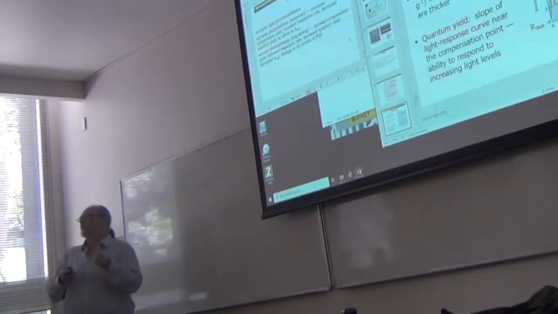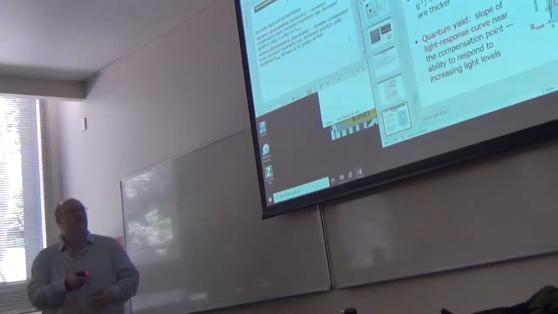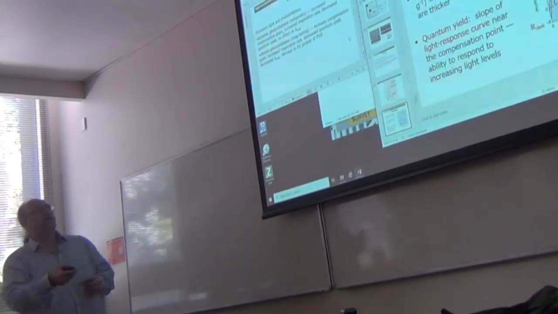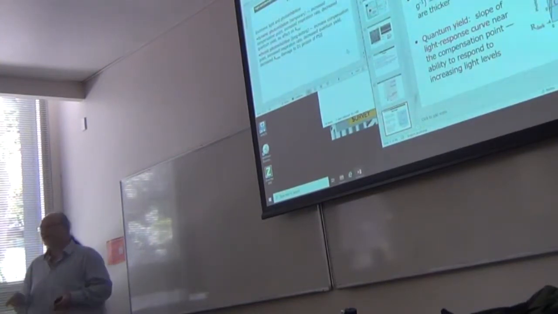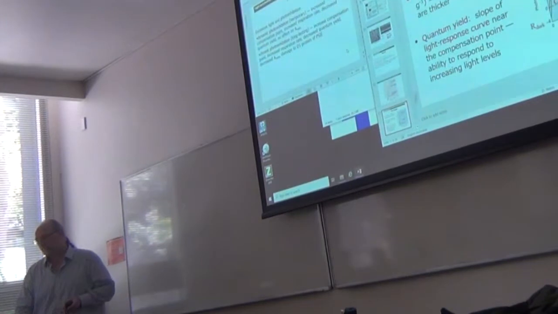So it's basically the ability of that plant to take up light when there's not a lot of it. So this is when the plants are light limited, that's when the plants are CO2 limited. We talked about leaf thickness, remembering that leaf mass per area is just the inverse of specific leaf area. They both describe how thick the leaf is.